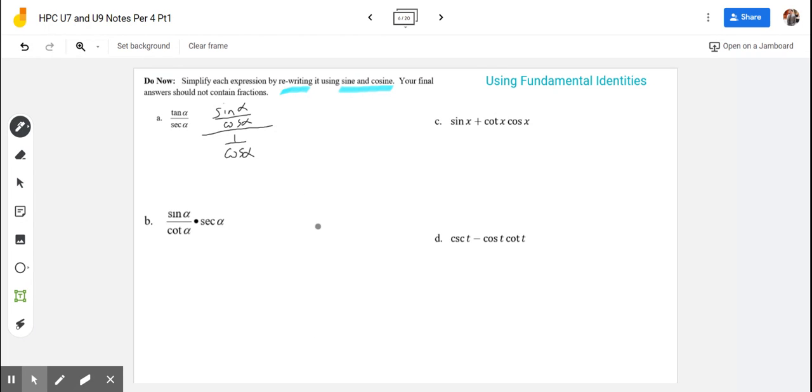Okay, so dividing by 1 over cos, we can rewrite this complex fraction as sine alpha over cos alpha times cos. And then the cosines can cancel. So all of this fraction could just simplify to sine.